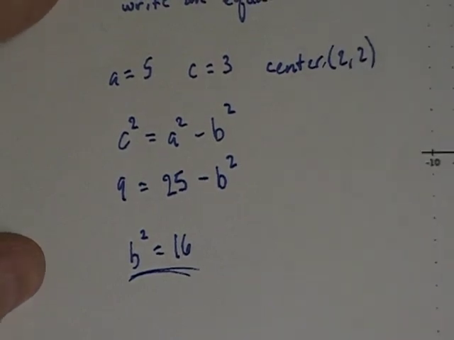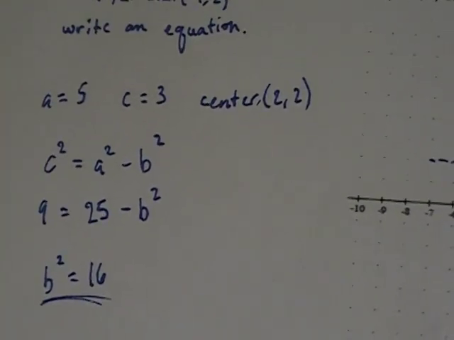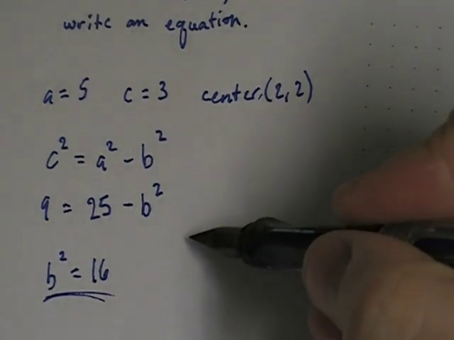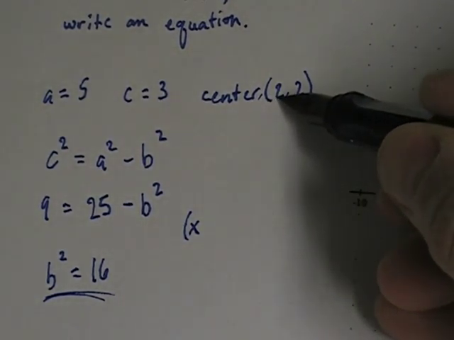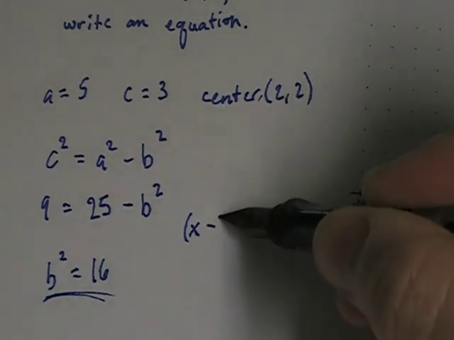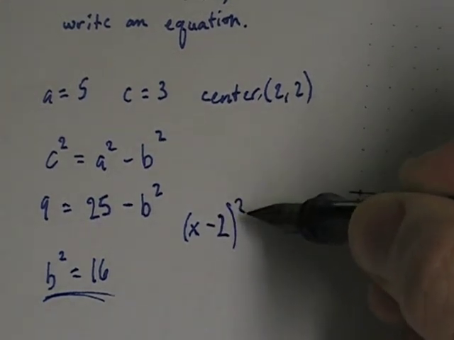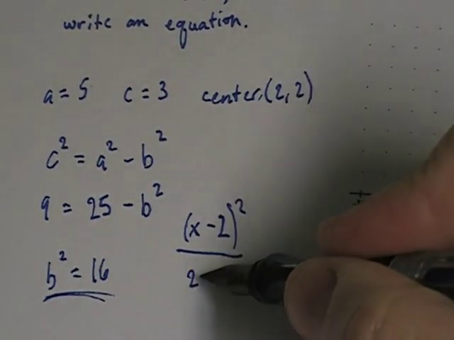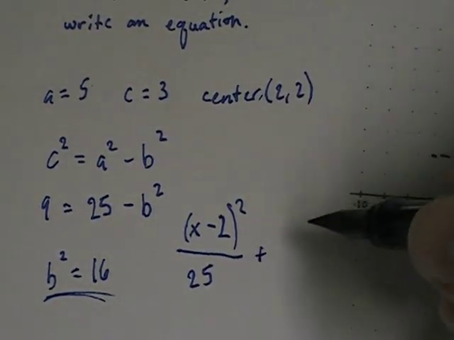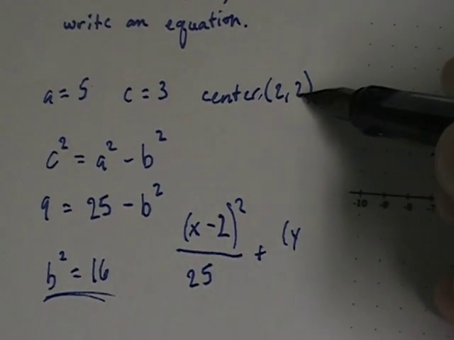Now, let's write the equation. Given this information, what does the equation look like? X minus H, well, that's going to be x minus 2, over A squared, plus Y minus K, right?